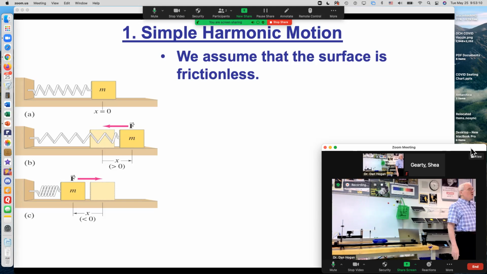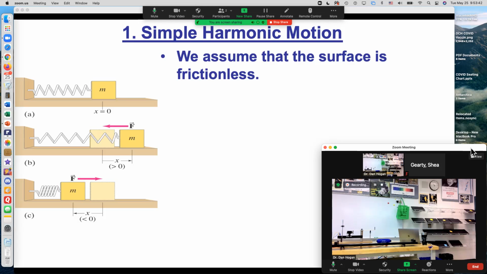Now, according to Hooke's law, the force of a spring is equal to the negative of the spring constant times the displacement, right? Minus kx. You remember that? Okay. So if we push a spring to the negative direction, it's going to have a restoring force, which is the negative of that, back to the positive.